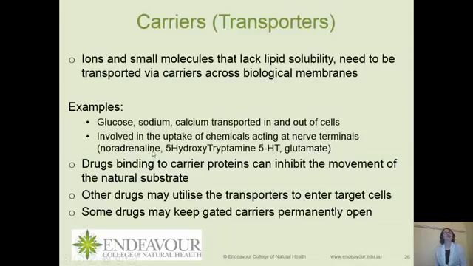Noradrenaline, abbreviated to NA, 5-hydroxytryptamine, a neurotransmitter, abbreviated to 5-HT, and glutamate, which you'll recognize as an amino acid. That's also, as we'll see when we study excitatory and inhibitory substances in the central nervous system, glutamate is itself a neurotransmitter, and it's taken back into a nerve via a protein channel.